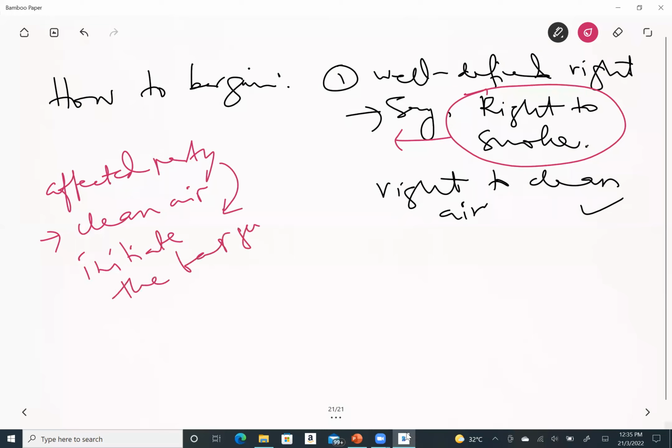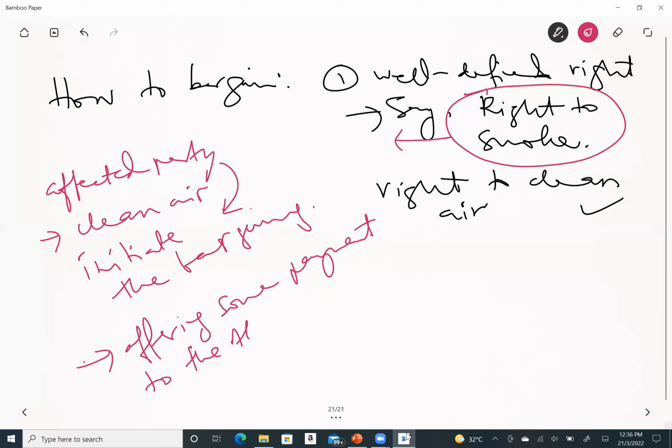Now how do you initiate the bargaining? We bargain by offering some payment to the other party that has the right, so that he or she can change his or her behavior.